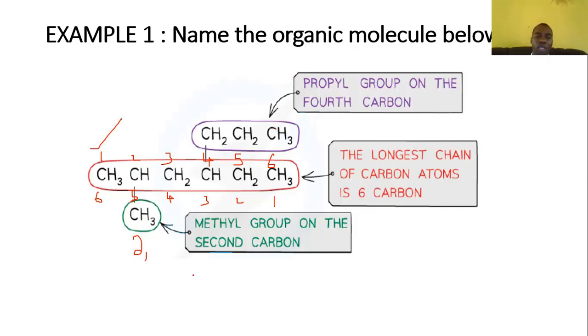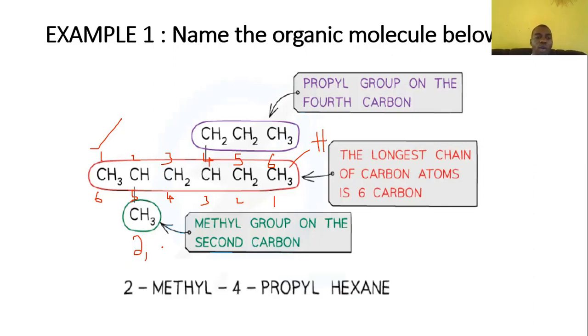Okay, let's look at the full name. Remember the rules: identify the longest continuous chain, it gives the parent. The parent here, we figured out, was a hexane. We've also identified the correct numbering and the names of the side chains. Then we put them together and come up with this: 2 methyl, then 4 propyl.